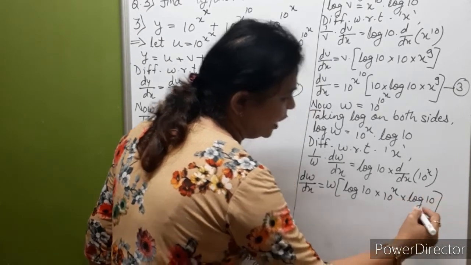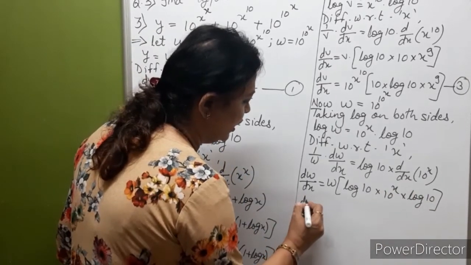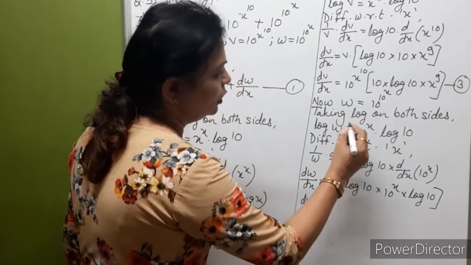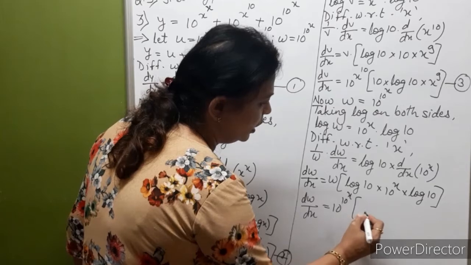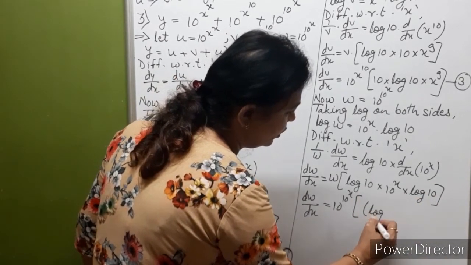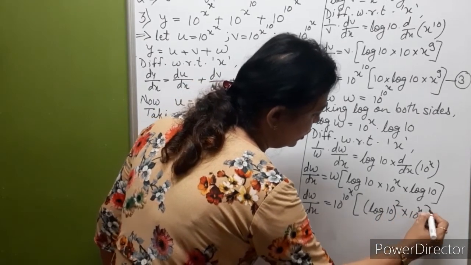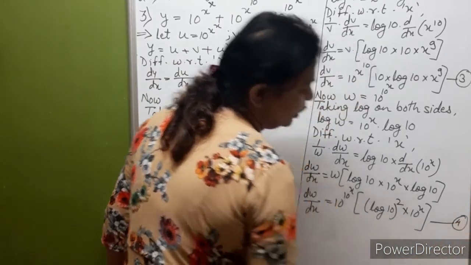Correct? Log a we write, so a is 10 over here. So you get dw by dx is equal to w, which is 10 raised to x, into log 10 into log 10, which becomes log 10 square, into 10 raised to x. So this is your fourth value.